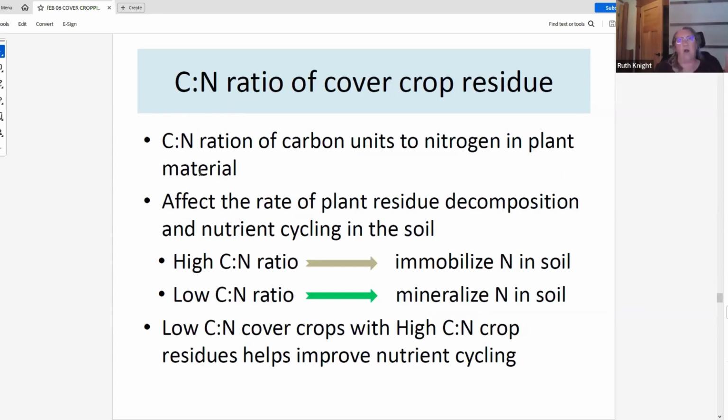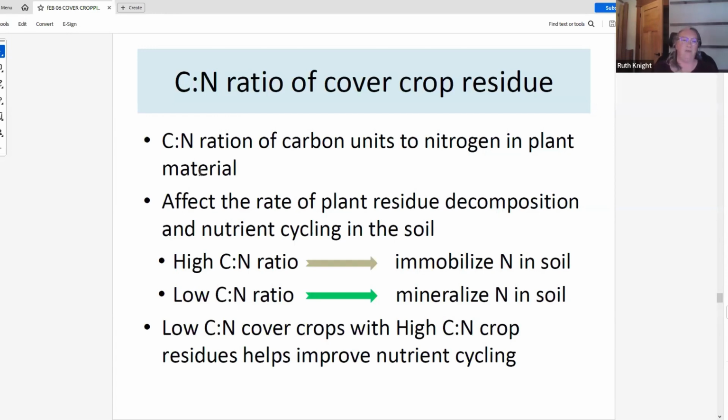If you have a high carbon to nitrogen ratio, thinking of material that is brown, like straw or corn stalks, this high carbon actually immobilizes or suppresses nitrogen available to your plant in the soil, because the microbes are using the nitrogen to help break down the carbon or the lignins that are in that plant material.